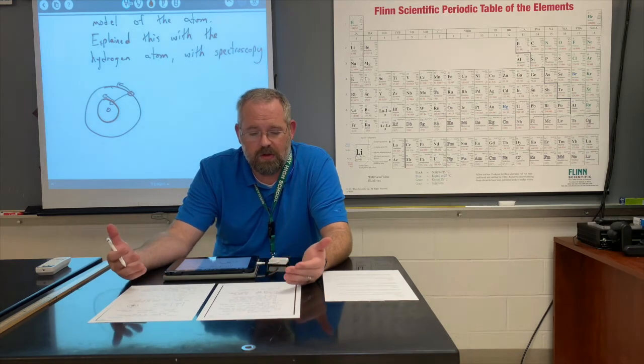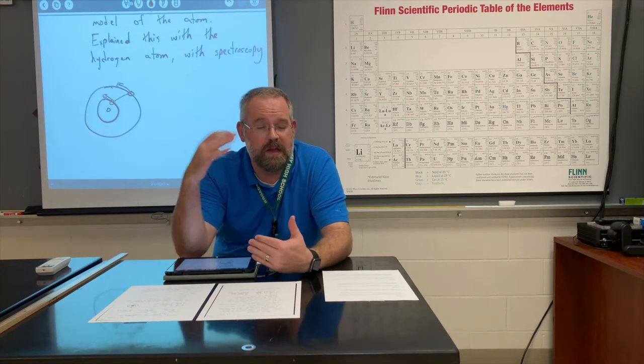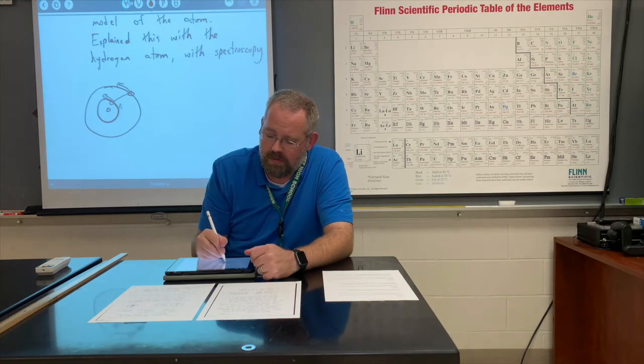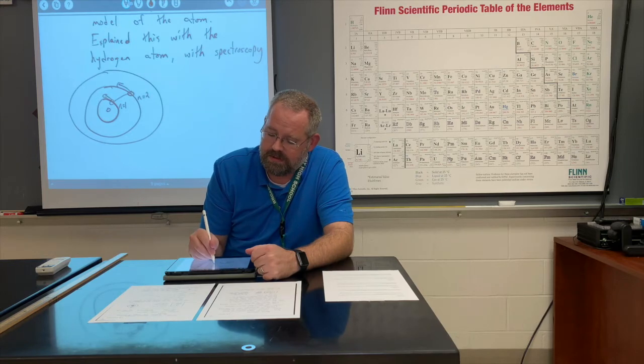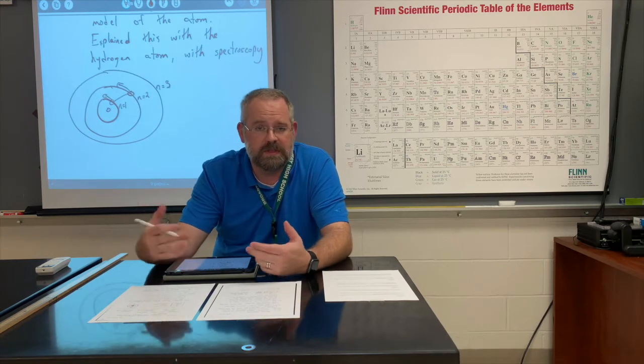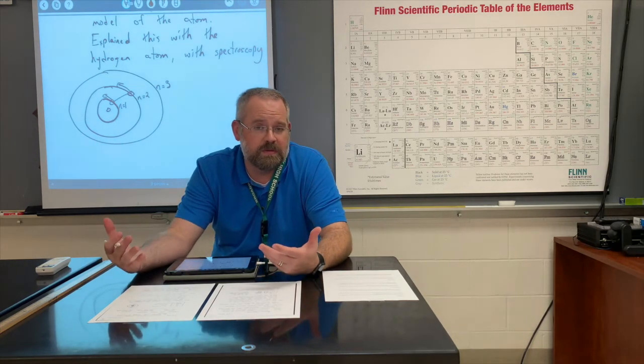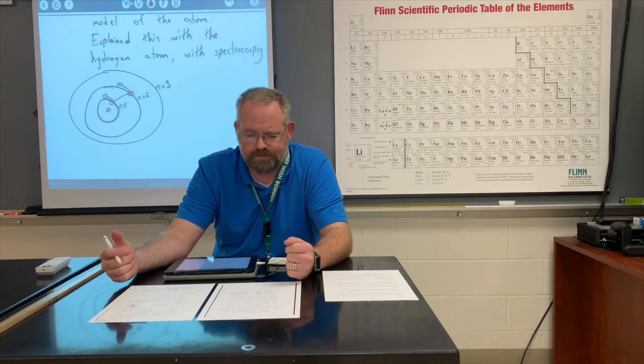And with all of his lines that he was able to show and the levels he was able to show, he had level 1 and level 2s, and he had level 3s, and he was able to show that you could excite that electron to different levels. Okay, and when the electron fell back down a level, that's when the spectral image would change.